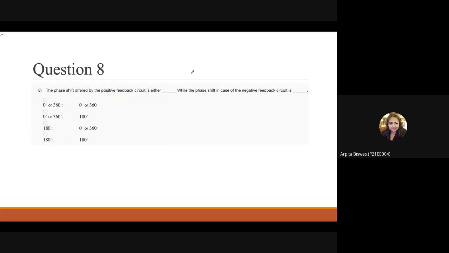Next question number 8. The phase shift offered by the positive feedback circuit is either dash, while the phase shift in case of the negative feedback circuit is dash. So what is the right answer?